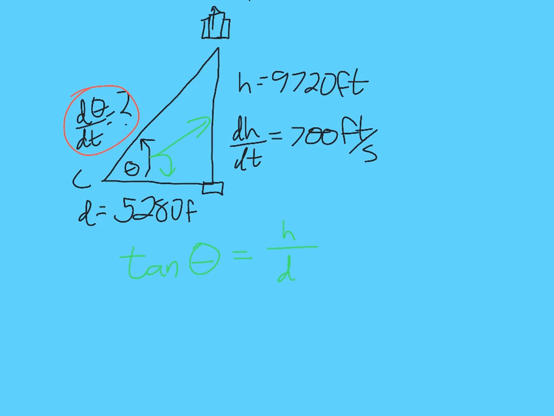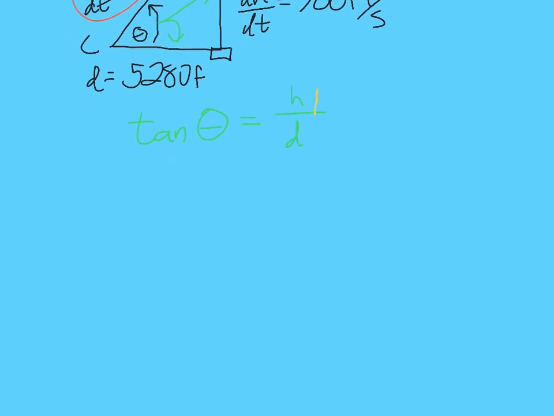Now, for this particular question, we want the rate of change, so I'm going to have to find the derivative of this expression. Now, we're going to use some implicit differentiation. We're going to find the derivative of this with respect to time.